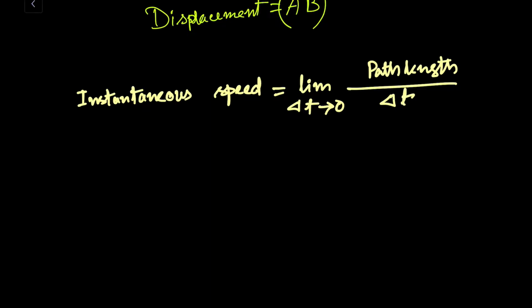Time interval means, suppose t2 minus t1, we can consider delta t is equal to t2 minus t1, final time minus initial time. When the time interval tends to 0, that means the time interval is infinitesimally small. That is path length divided by the infinitesimally small time interval, and it is called the instantaneous speed.